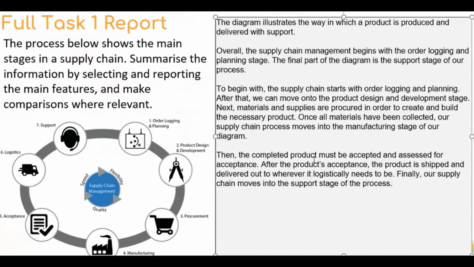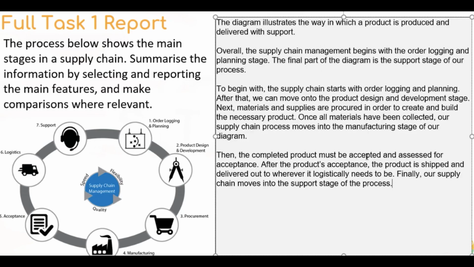Then the completed product must be accepted and assessed for acceptance. Quite a lot of A's there. After the product's acceptance, the product is shipped and delivered out to wherever it logistically needs to be. Finally, our supply chain moves into the support stage of the process. I think I've given a pretty good write-up of what is happening in this whole process.